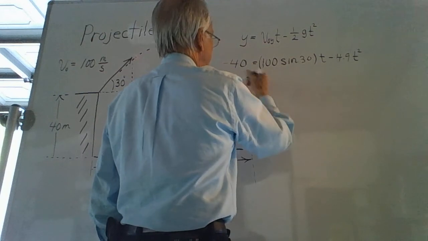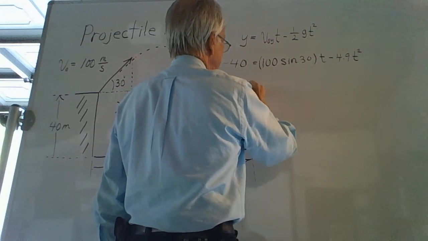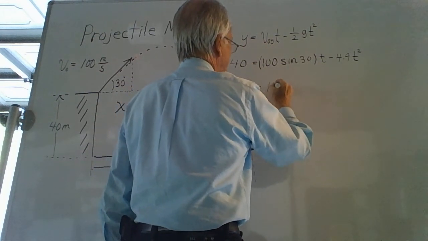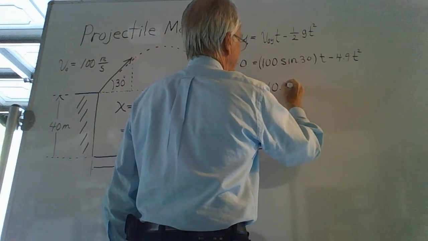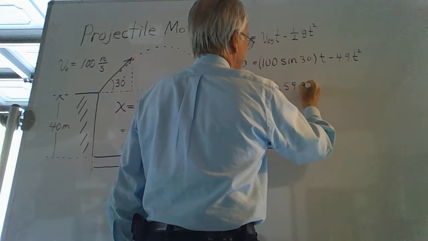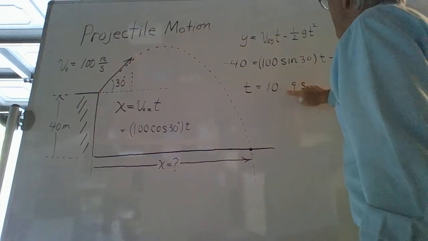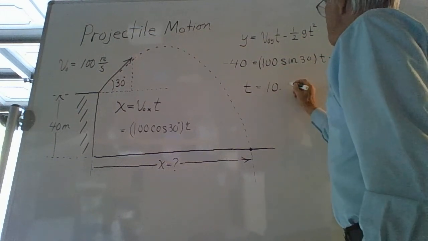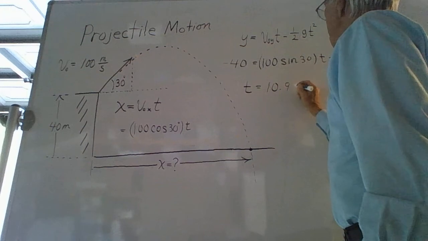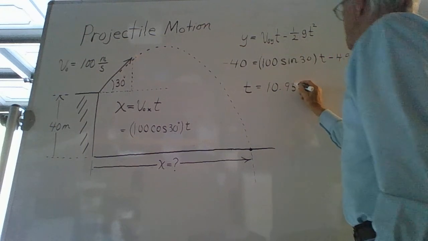The value of t, that's the solution to this equation, is 10.59 seconds. Have that backwards. It's 10.95 seconds.